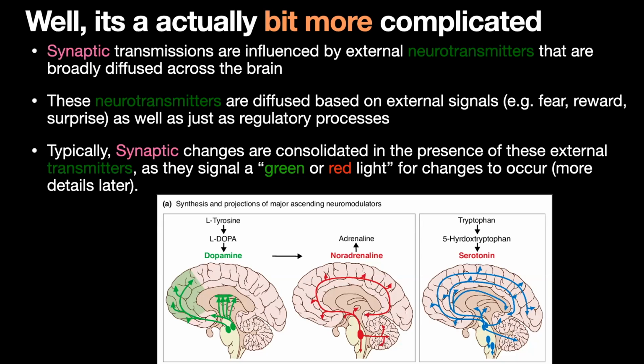We're going to talk about this later, but the synapses are very dynamic, and they only change in the presence of external transmitters. They don't change necessarily just by themselves through the classic STDP paradigm I'm sure you guys looked at. They don't just change in this unsupervised way. They also have a lot of supervision that's happening all throughout the brain. And this is kind of the biological equivalent of all of that.